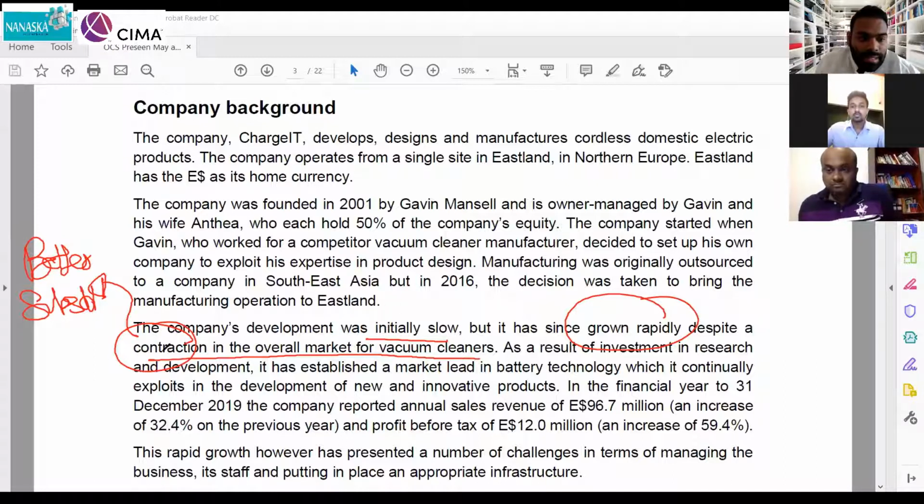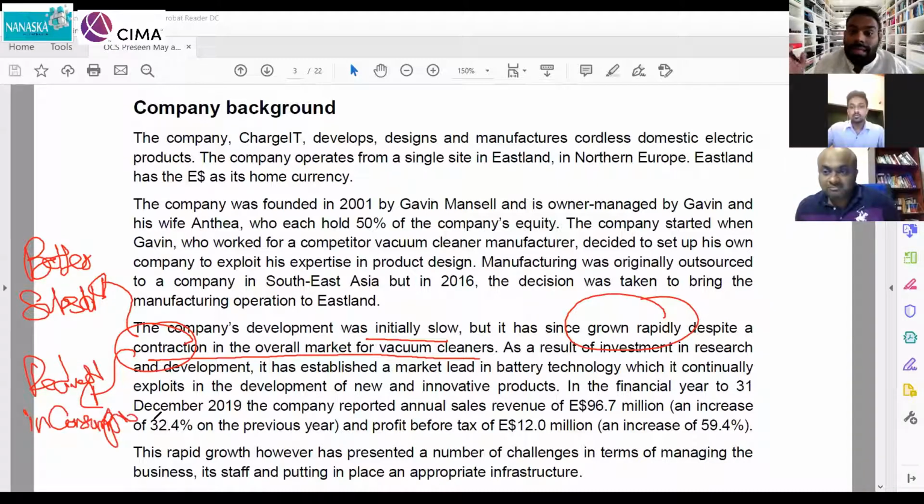Or there is a reduction in consumption due to a product feature. Or people do not like to use vacuum cleaners anymore, because it's heavy, or because of some other reasons.